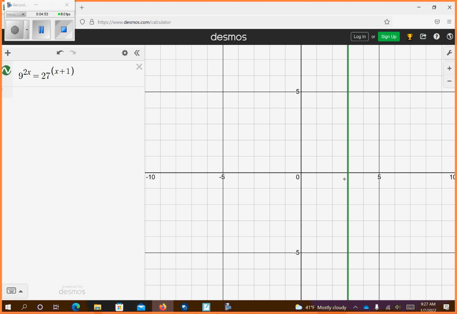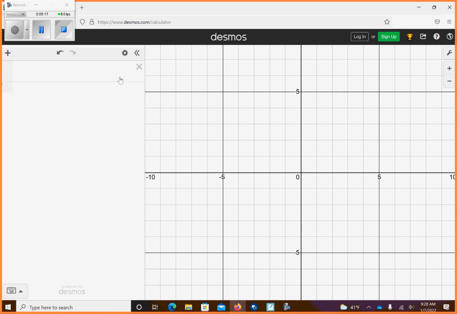So if you did 18 the same way as we just did this, you're going to verify that it works. If you did 19 the same way, if you did 20 the same way as just setting them equal to each other, I'm curious what would actually show up. Those both should have graphed. So let's do 20 both ways and see if we can break that one to work.